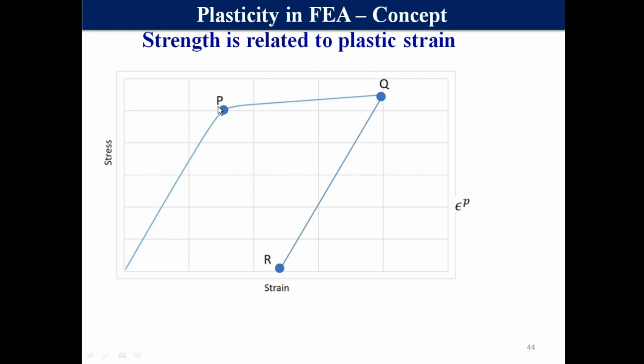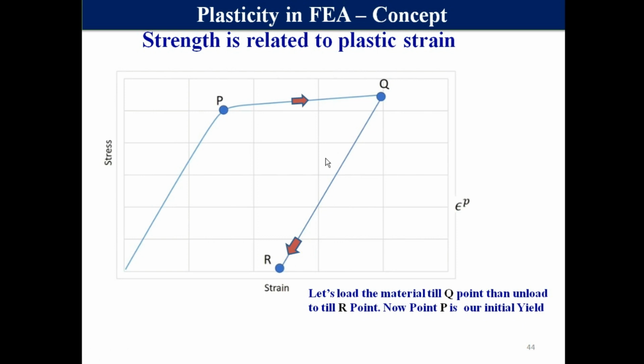You loaded your product up to P. P is your initial yield. Then you further loaded up to Q, and then you unload it from Q to R. So this completes one cycle. Now this is my initial yield. After completing one cycle, I want to reload this product from this point.